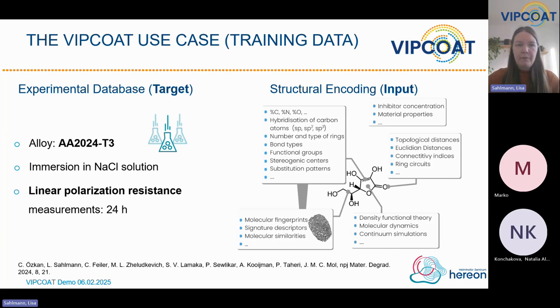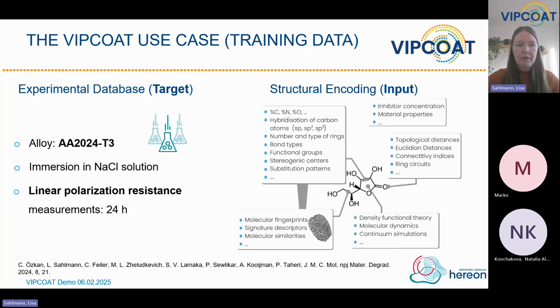So the first one, the database that we need to train the machine learning model. As I already mentioned, we are using the aluminum alloy 2024 T3, and the samples were mechanically sanded and polished, and then the samples were exposed to a water solution containing 0.1 molar of sodium chloride and the respective small organic molecule that we wanted to test.